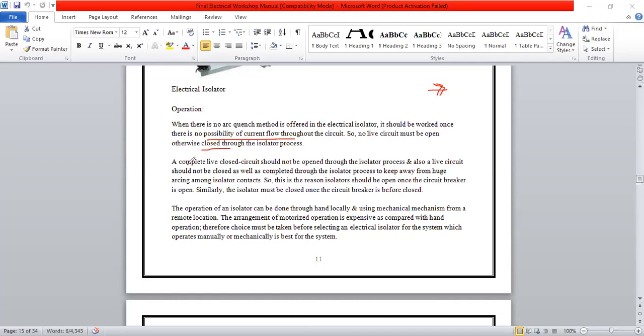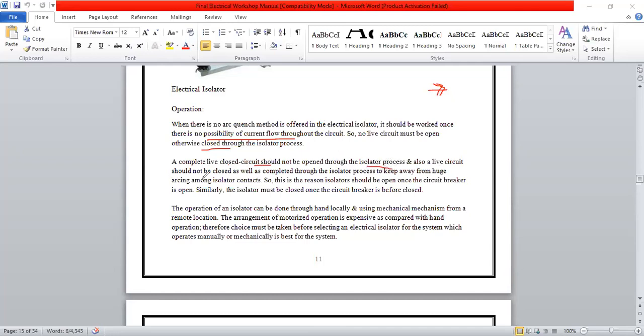Now a complete live closed circuit should not be opened through the isolator process. See here, one sentence is given: a circuit carrying load, or loaded terminals, should not be opened by the isolator.